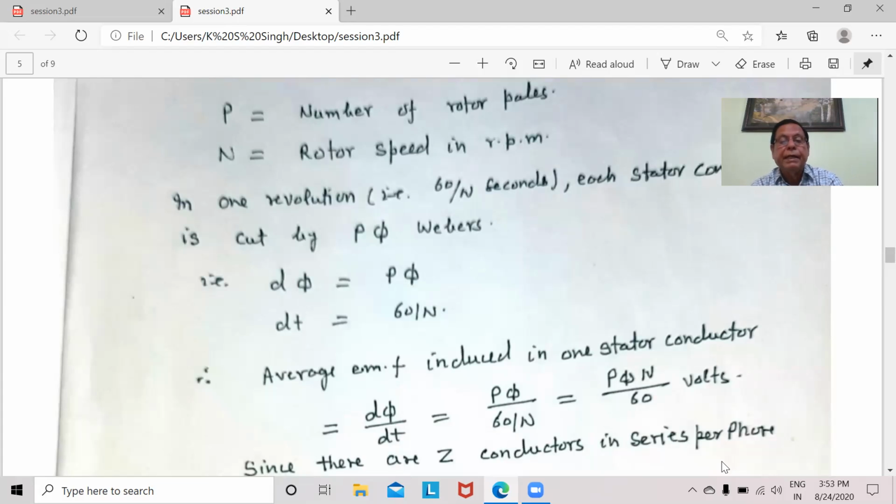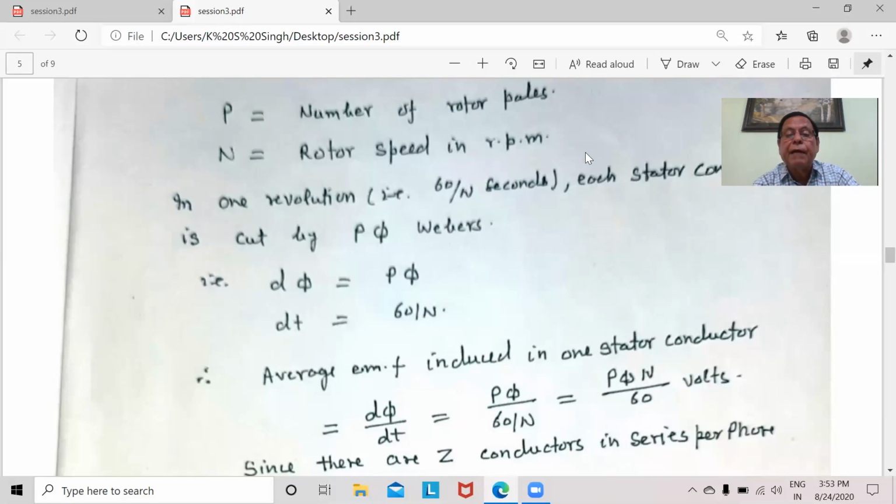Already you have derived d phi is equal to P phi, and dt is equal to 60 by N. You put these values in this expression and you find P phi upon 60 by N, and that will be equal to P phi N by 60 volts. This is the voltage induced in one conductor per phase.